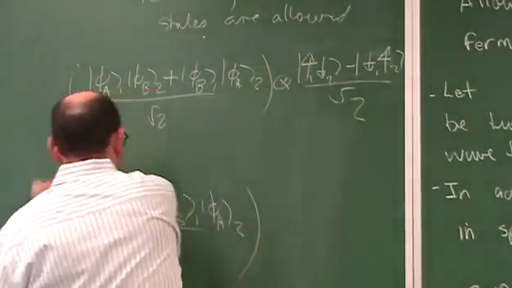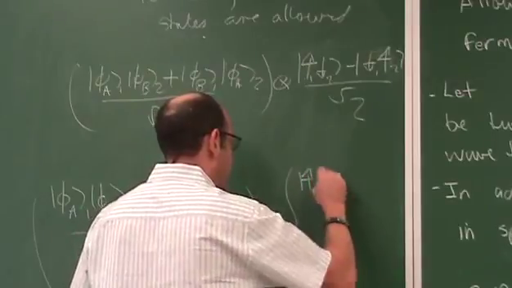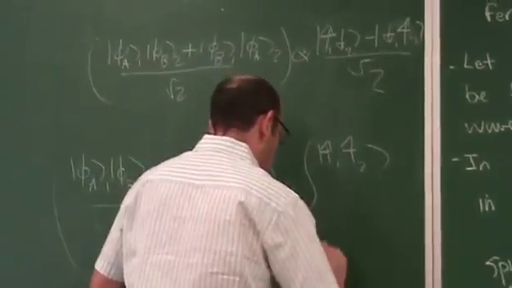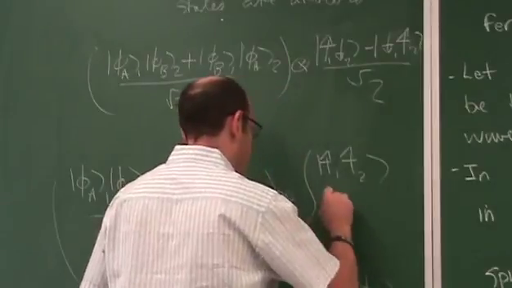And the possible states here are that either both are in the same state, which is they're both up, or they're both down, or they're symmetrically up and down.